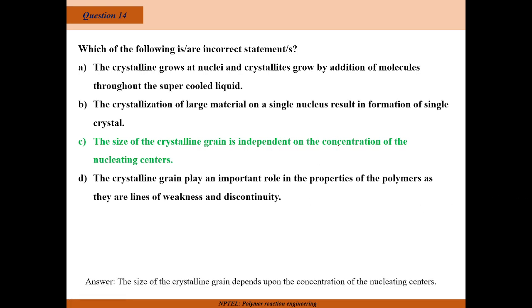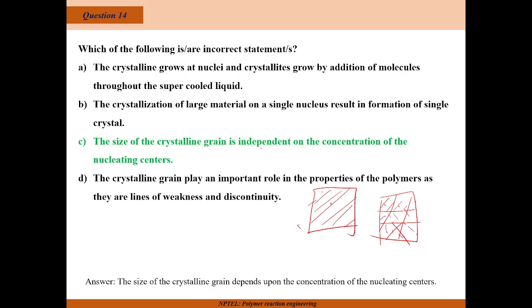Suppose we have a region, and suppose we have a single nucleating site, then all this will form a single crystal. And suppose we have a region where the crystallization happens and there are multiple nucleation centers, this will correspond to the formation of multiple crystalline domains.